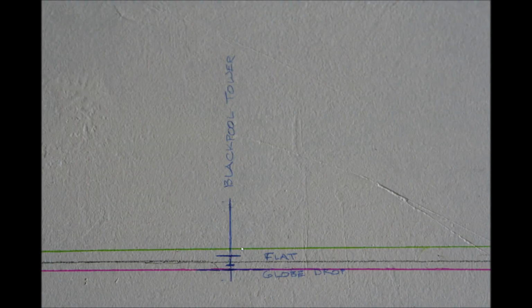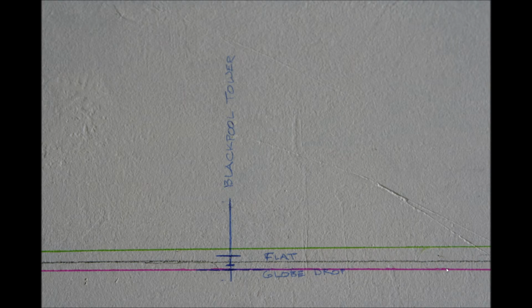And at Blackpool Tower, we see that the green line, which represents a straight line of sight, none of this is taking into account any form of refraction, a straight line of sight from the top of Red Screes to my observation point, passes well above the top of Blackpool Tower.